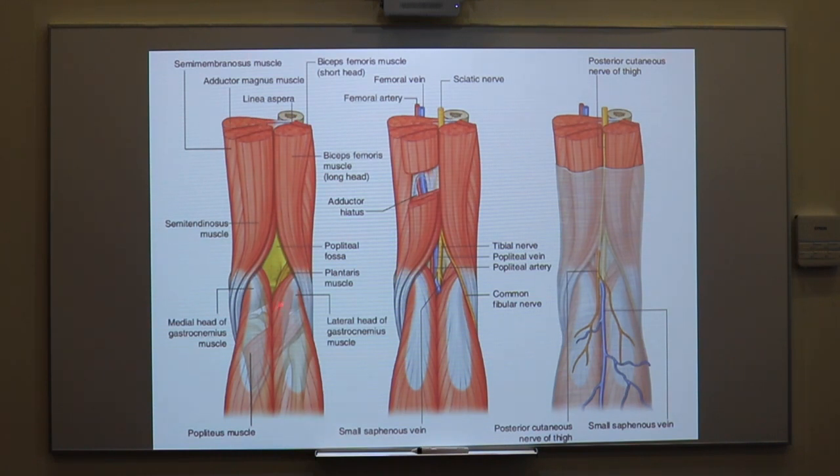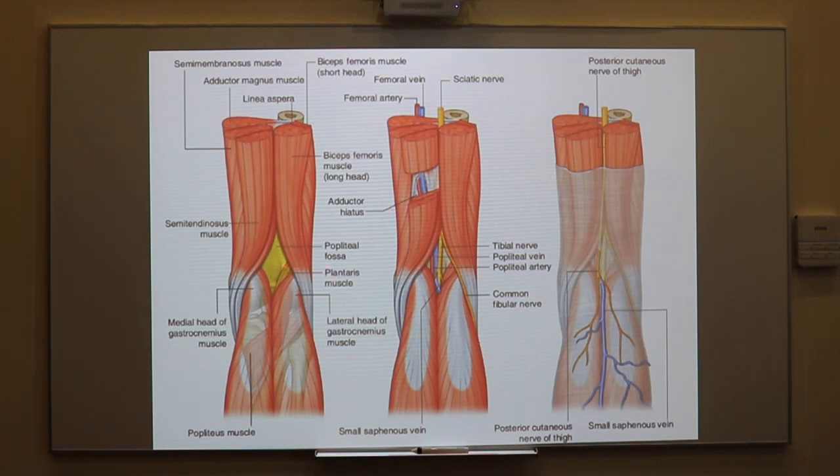Okay. So what you are seeing here in this diagram is the popliteal fossa again. You can see the superior boundaries, and these are the inferior boundaries. You can make out that this is the biceps femoris. Here the semimembranosus and semitendinosus are located, and these are the two heads of gastrocnemius. So this diamond-shaped space which you are seeing is the popliteal fossa.